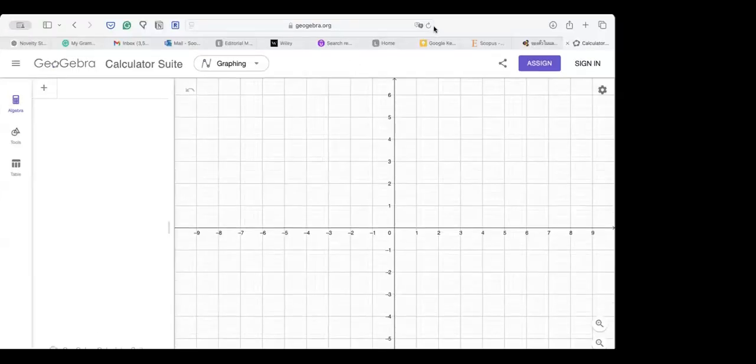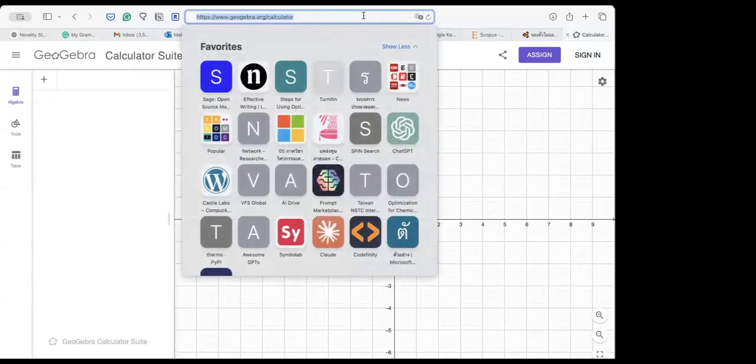You don't need 3D, just a graphic. GeoGebra calculator, geogebra.org calculator.